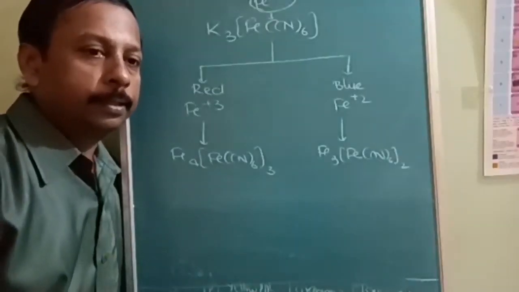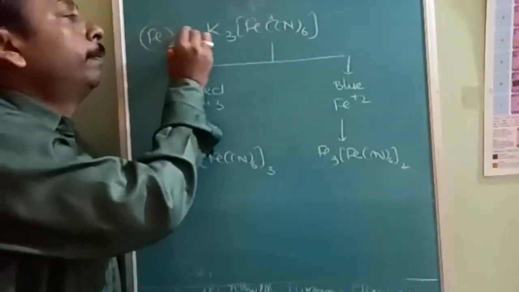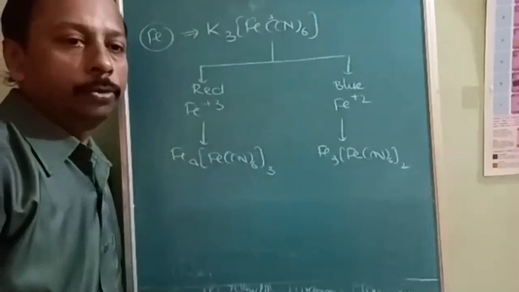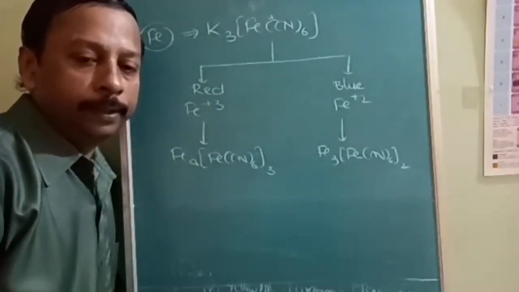The last algorithm is for the presence of iron. The presence of iron can also be detected by using K3[Fe(CN)6].